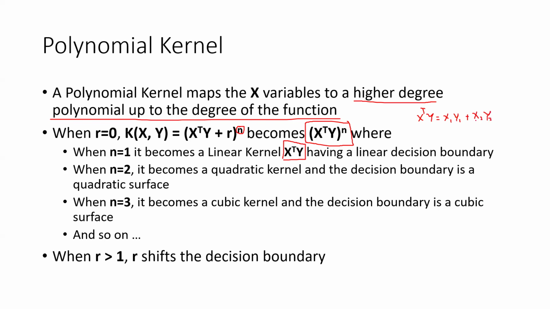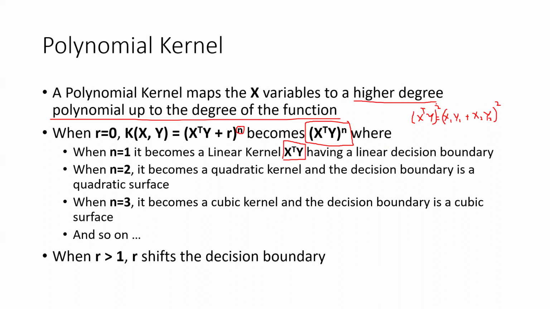So when you take the square, the quadratic of it, you get the square of these two terms: x1 square y1 square plus x2 square y2 square plus 2 x1 y1 x2 y2. So this would be a higher order polynomial.